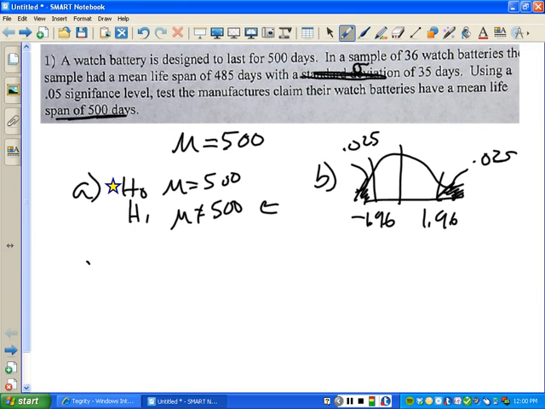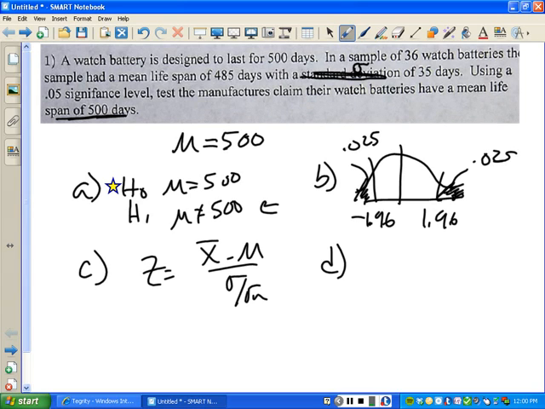Now, from there, you got to know the formula. The formula is Z equals X bar minus mu divided by sigma over the square root of n. Part D says plug in some numbers, do some work. So Z equals 485 minus 500 divided by 35 over the square root of 36.